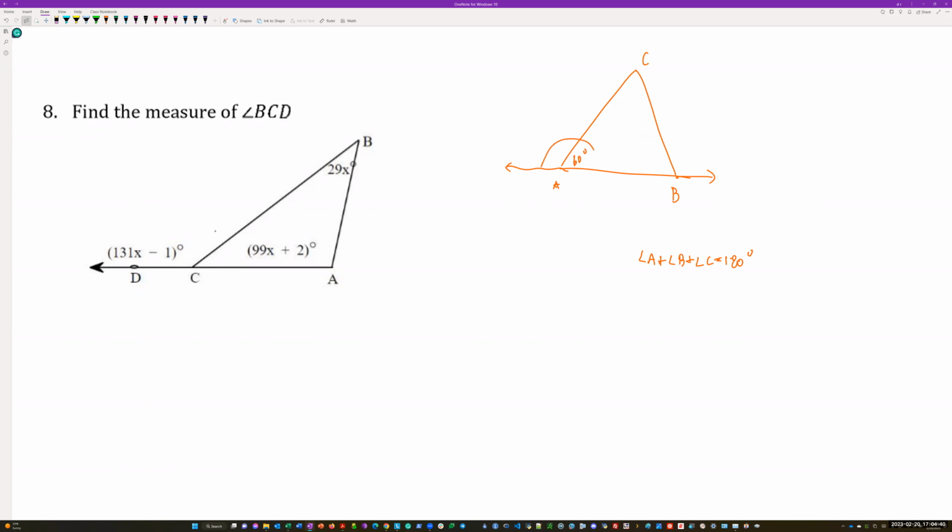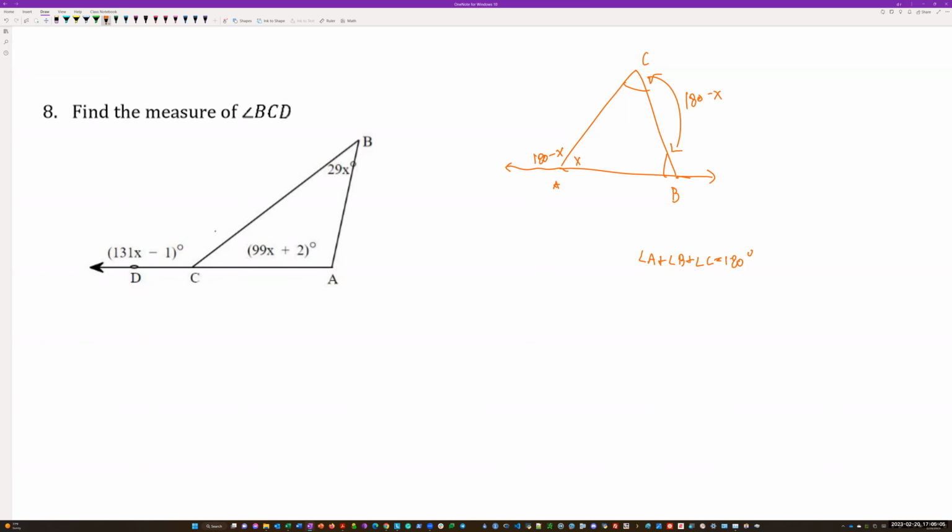This part has to be 180 degrees also. In other words, that has to be 120. Does that make sense? So then if this is X, this has to be 180 minus X. But these two here also have to add up to 180 minus X. Does that make sense?